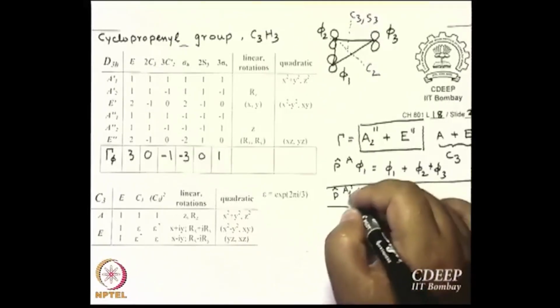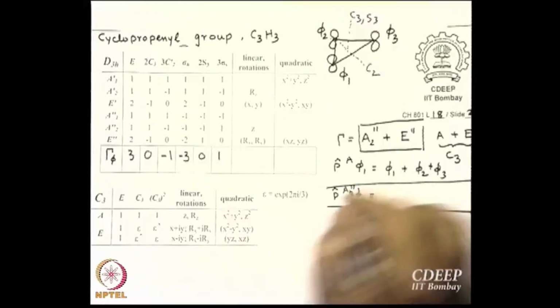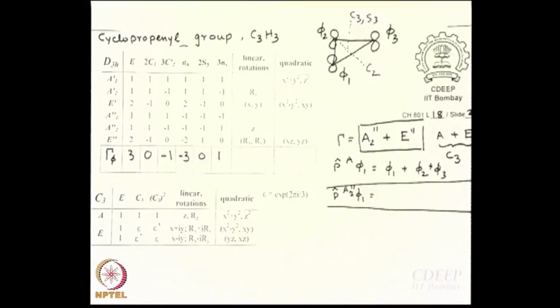A2 dash, sorry, A2 double dash. When A2 double dash operates, do you still get phi 1 plus phi 2 plus phi 3 in D3h, not in C3? And while doing that, do not forget these coefficients. And do not forget that C3 and C3 square are going to give you different results. That is the easiest way of going wrong.